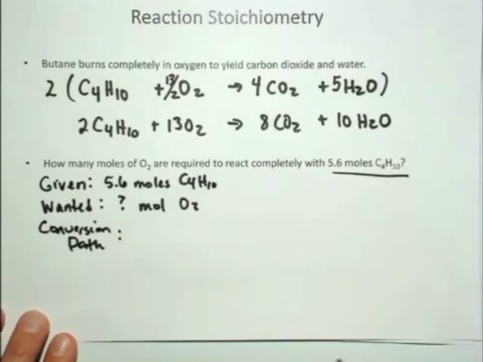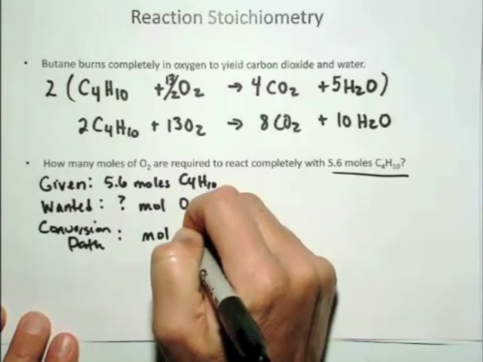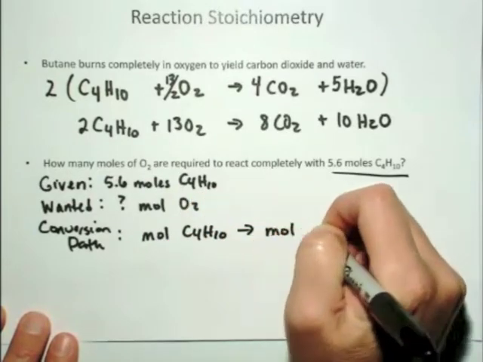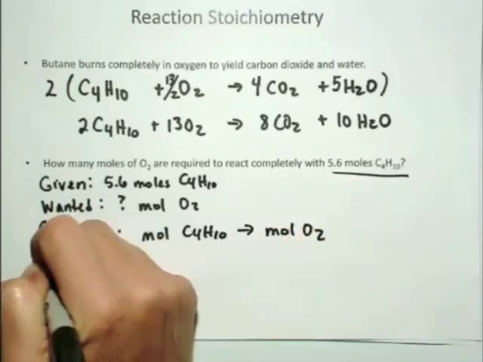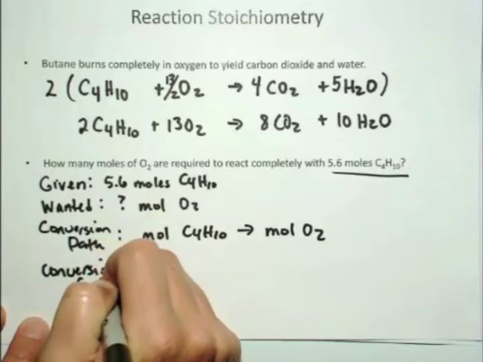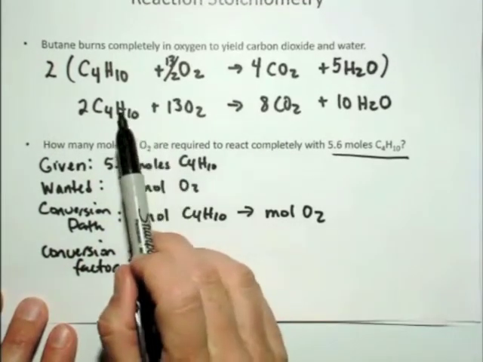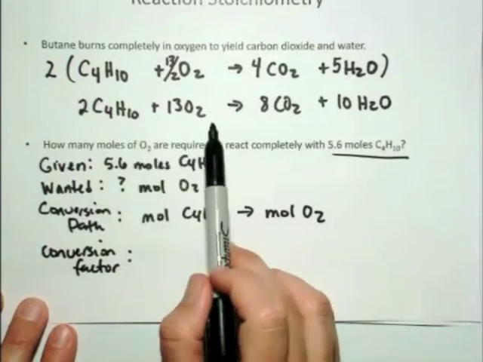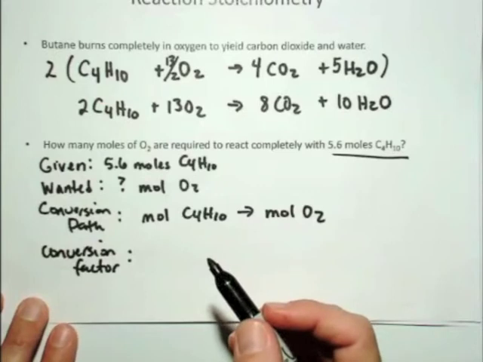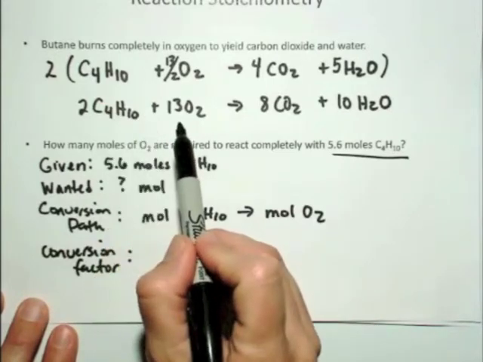And the conversion path is going to be from moles of butane, and I'm going to be converting to moles of oxygen. And so the conversion factor, that's what I meant to say before, the conversion factor can be read from the balanced chemical reaction, and the conversion factor is the whole number ratio of moles to moles. Every time I react 2 moles of butane, I'm going to react 13 moles of oxygen.